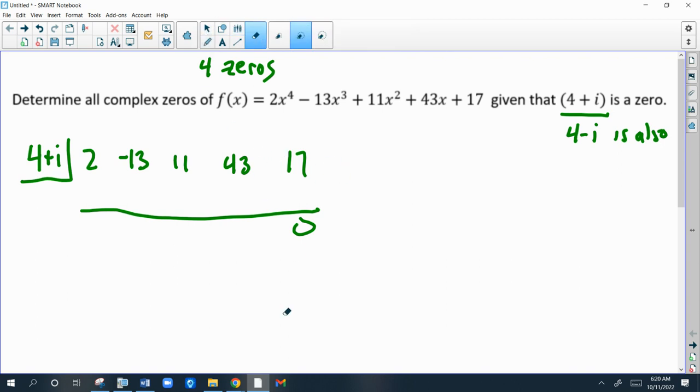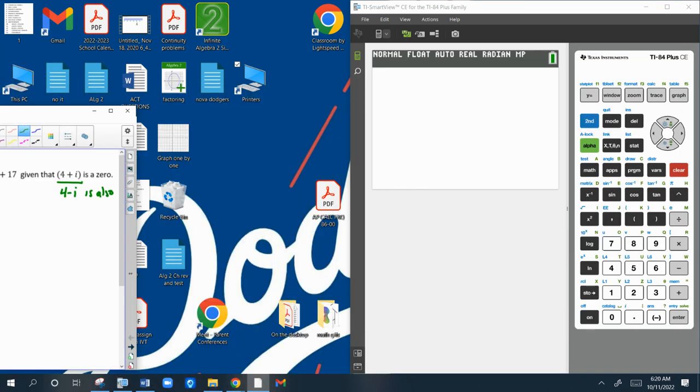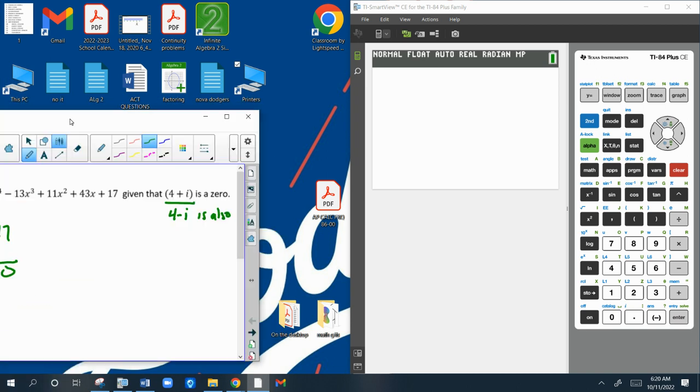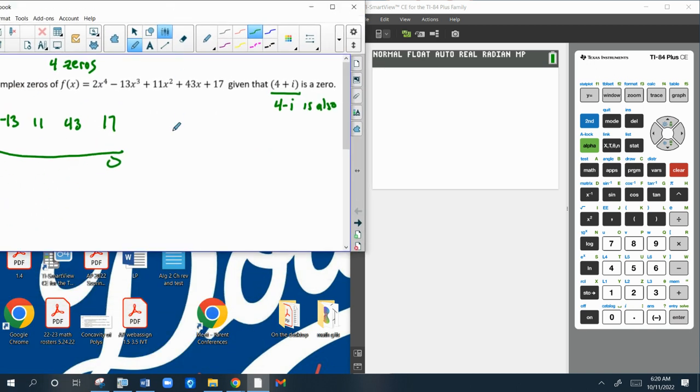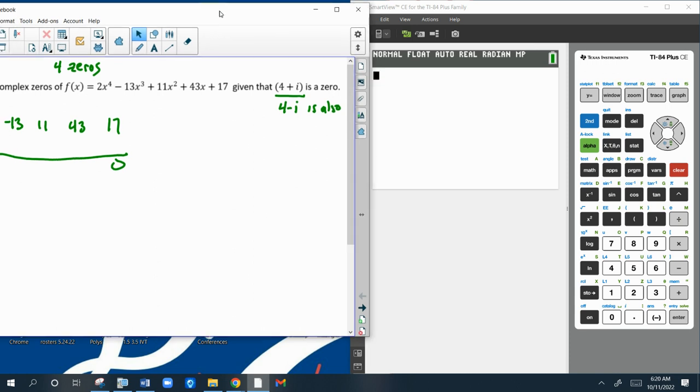You want to do this all with a calculator because the storage on the calculator is going to help us a lot. So I'm going to do that right here.